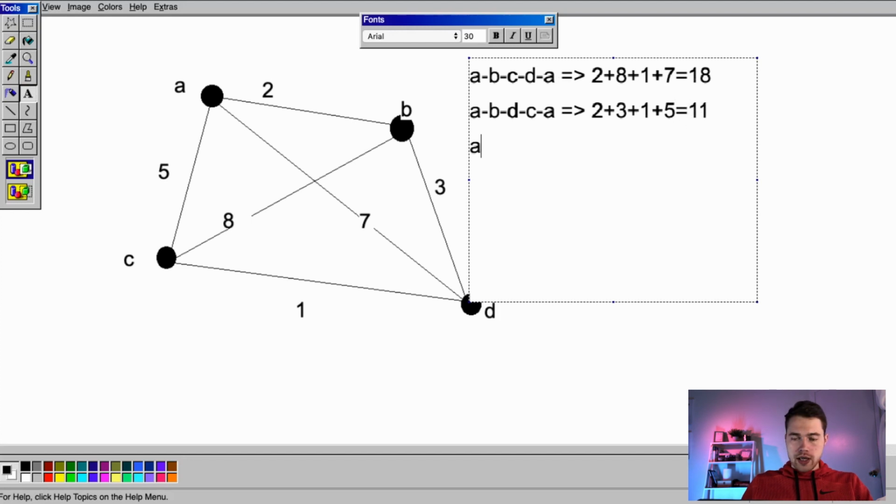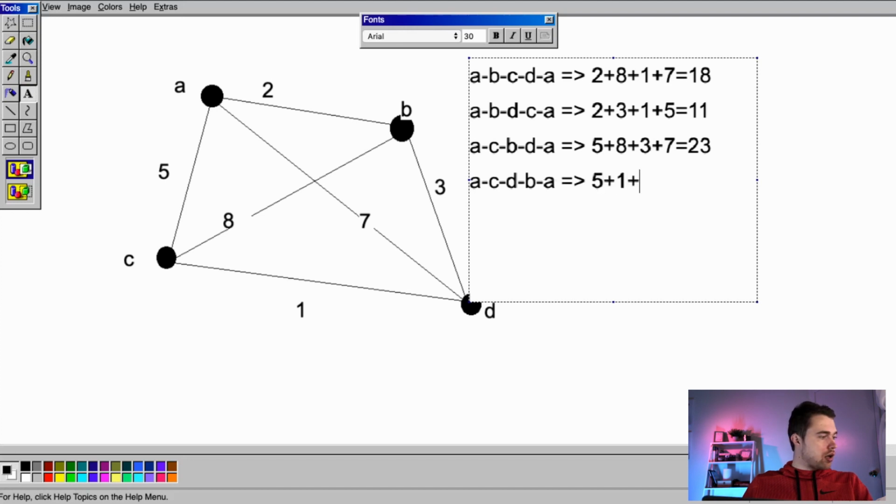Then the third one is A, C, B, D, A. 5 plus 8 plus 3 plus 7 is equal to 23. Next one, A, C, D, B, A. That gives us 5 plus 1 plus 3 plus 2, which is equal to 11.